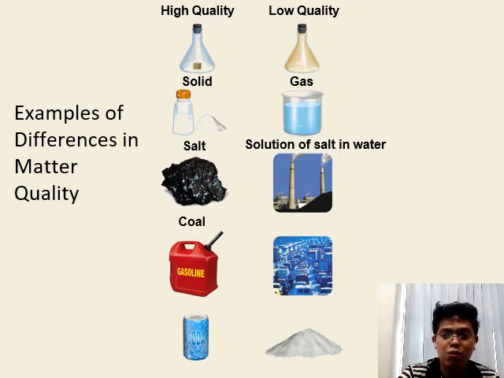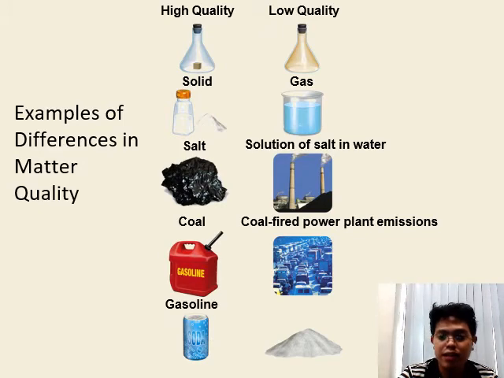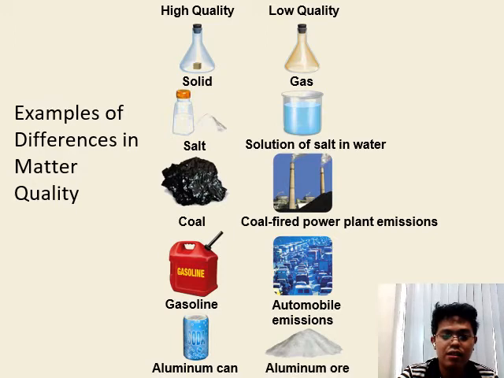Coal, when it's burned in coal-fired power plants, becomes a gas, so it becomes a low quality matter. Same with gasoline. If it's burned by an automobile and becomes an emission of smoke, it becomes low quality. And also an aluminum cut is a high quality matter, and then it becomes low when it becomes aluminum ore.